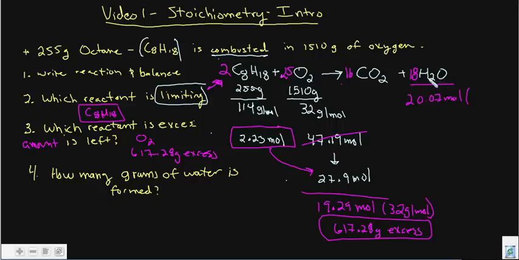So this is 2, and this is 16, so I have a total of 18. So 18 grams per mole. So if I have 18 grams, I'm going to have 1 mole. So notice I have 20 moles. So it's going to be 20.07 times 18. So my final answer is 25.2 grams of H2O formed.